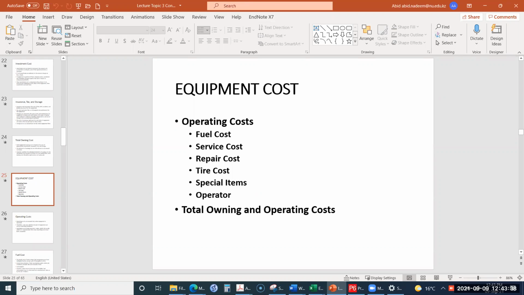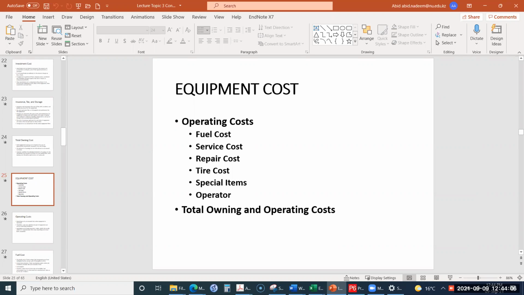Maybe owning is more connected to renting and operating is to the functions of the, yeah. You can be considered a little bit partially correct. But for the owning, we say that these are the costs, and renting is one aspect of the owning costs.